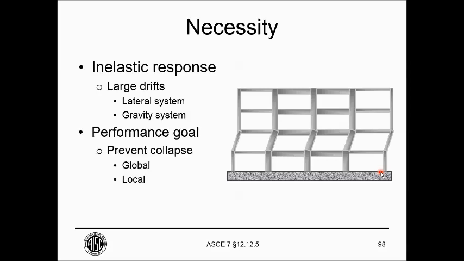And our performance goal includes preventing collapse, either local or global collapse, so we don't want to lose a beam to column connection. It doesn't mean that we want to keep every column from yielding. The columns will undergo inelastic deformation as we go to large drifts. Doesn't mean that we keep the connection from seeing any failure, but we want to prevent loss of gravity support.